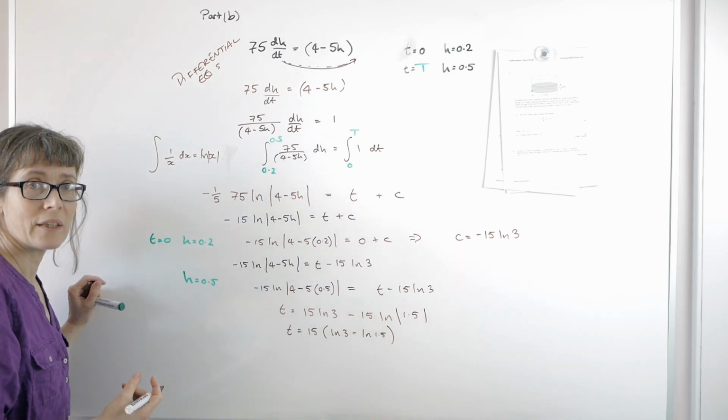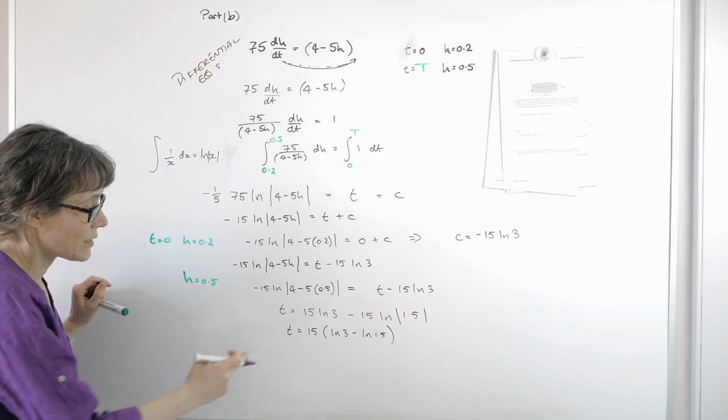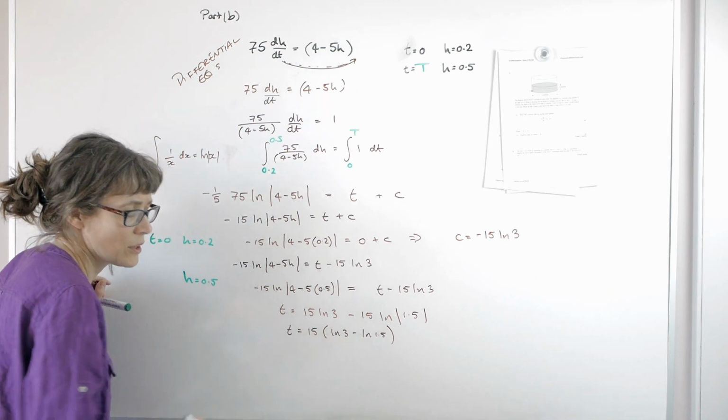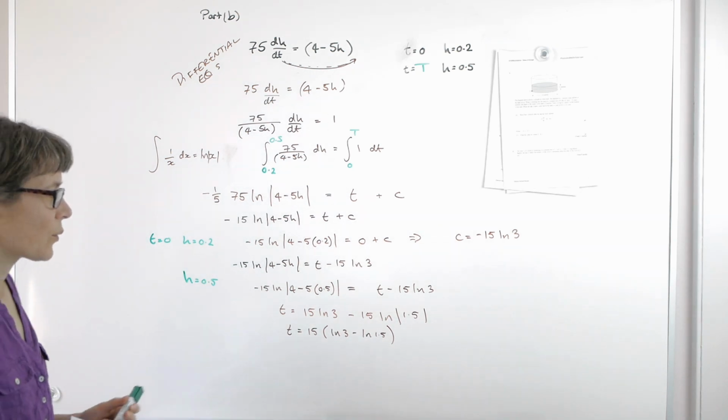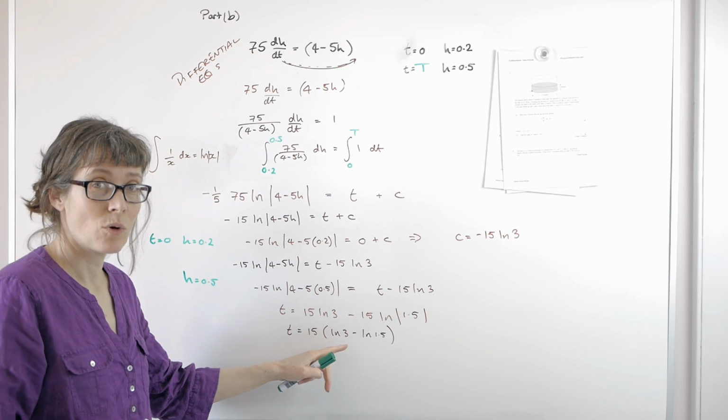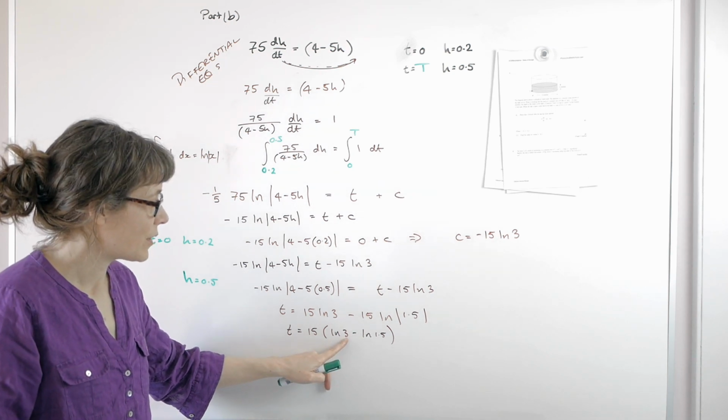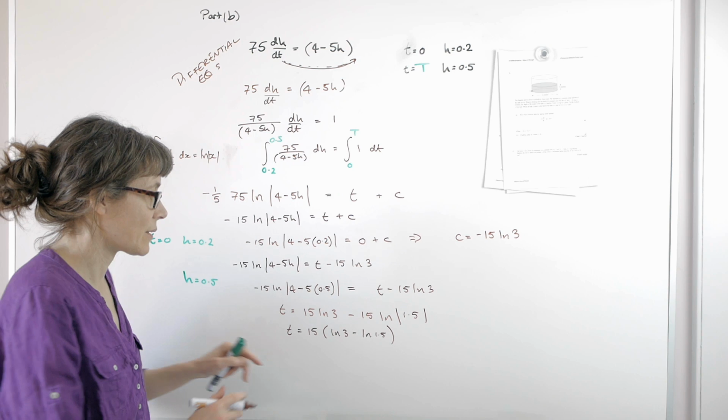And this is where we need our log rule, is that when we've got one ln minus the other, see if you can recall what happens, if we want to make that into 1 ln and simplify, we divide the first one by the second one.